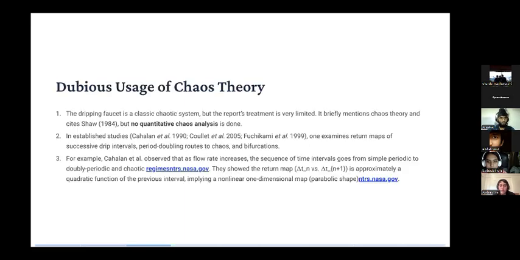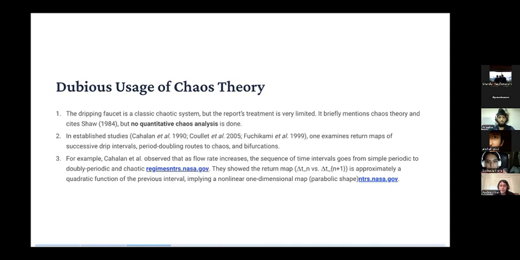And then I have problems with her usage of chaos theory. The dripping faucet is actually a classic chaotic system, but the report's treatment is very limited. Upon asking, she says that it's not the main point and that it's part of the presentation. But most systems like the dripping faucet are fundamentally chaos theory systems.